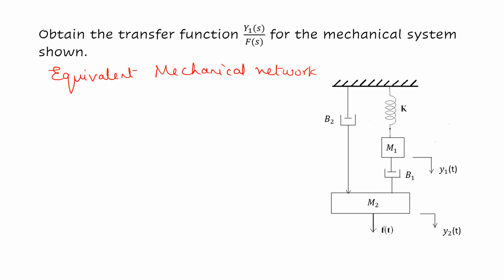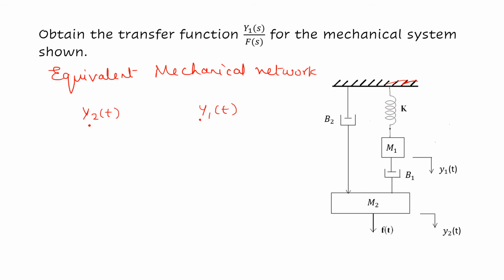So the static reference frame is this. The applied force is F(t), with the displacements y2 and y1. So first represent the two nodes. Those are nothing but the displacements, y2(t) and y1(t).